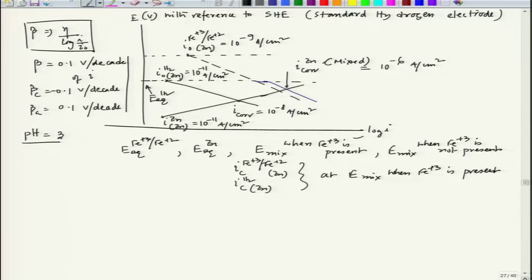So, these are the parameters to be found out. We will take this problem to our next lecture. Let us stop here. Thank you.